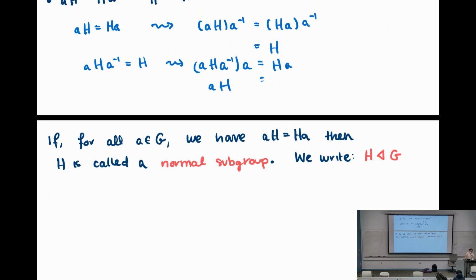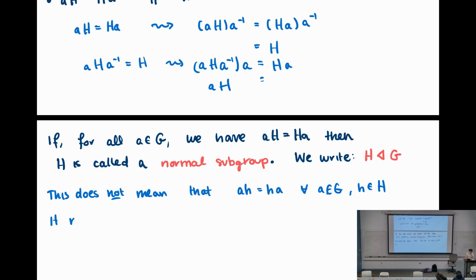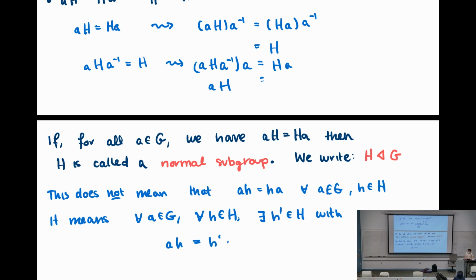And let me just make a remark on what this means. So this does not mean that a little h equals h little a for all choices of a in G and h in H. It means that for all a in G and for all h in H, there exists an h prime in H with ah equal to h prime a.